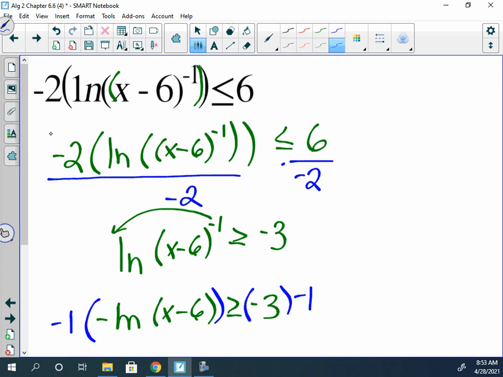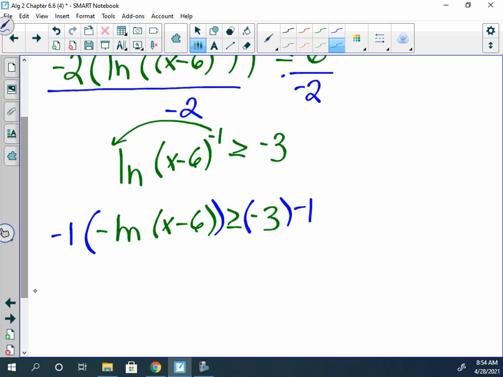Because this, whatever it is, was going to be negative because of the negative 2, yes? And it's less than a positive. Well, when I divide by negative 2, the natural log is now negative, and the 6 is now negative. So the signs on both change, yes? So that inequality needs to flip with it.